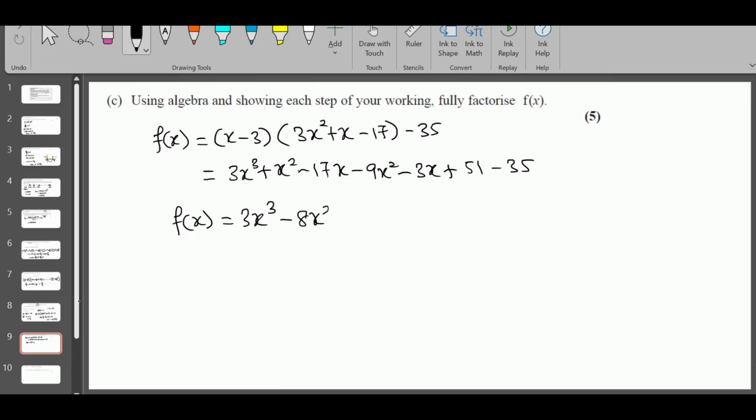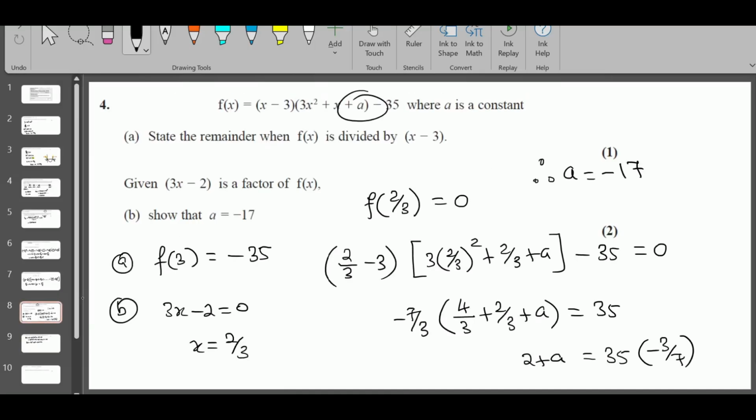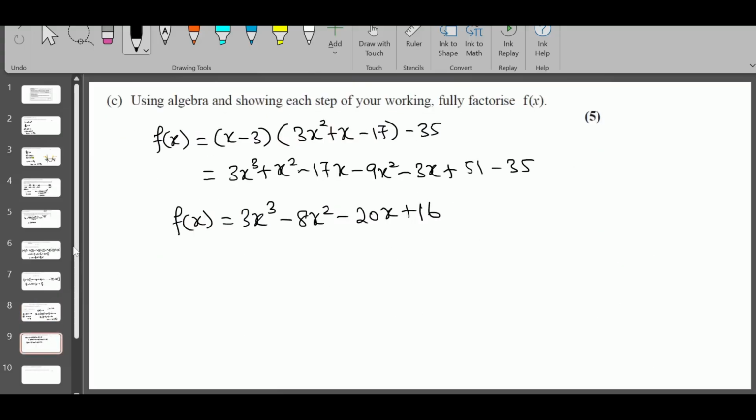minus 8x squared when you simplify these two. And then minus 17 minus 3 is minus 20x. 51 minus 35 is 16. We got the function, and in part A it says 3x minus 2 is a factor, so we are going to use 3x minus 2 to divide the function using the long division method.